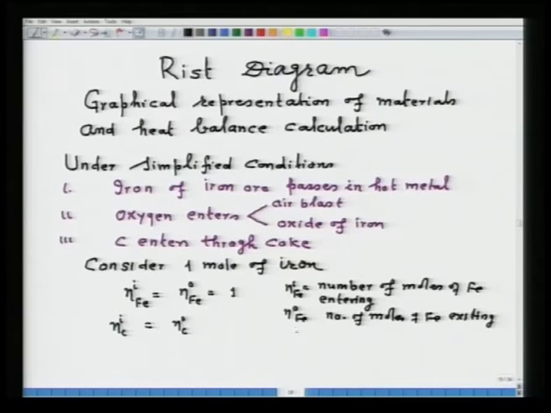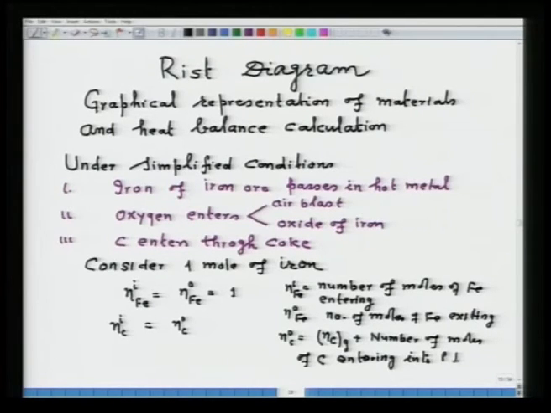So, N_oC, the number of carbon moles leaving the system, will be equal to the number of moles of carbon in the top gas plus the number of moles of carbon entering into pig iron. What I am saying here is that input of carbon is equal to output of carbon.